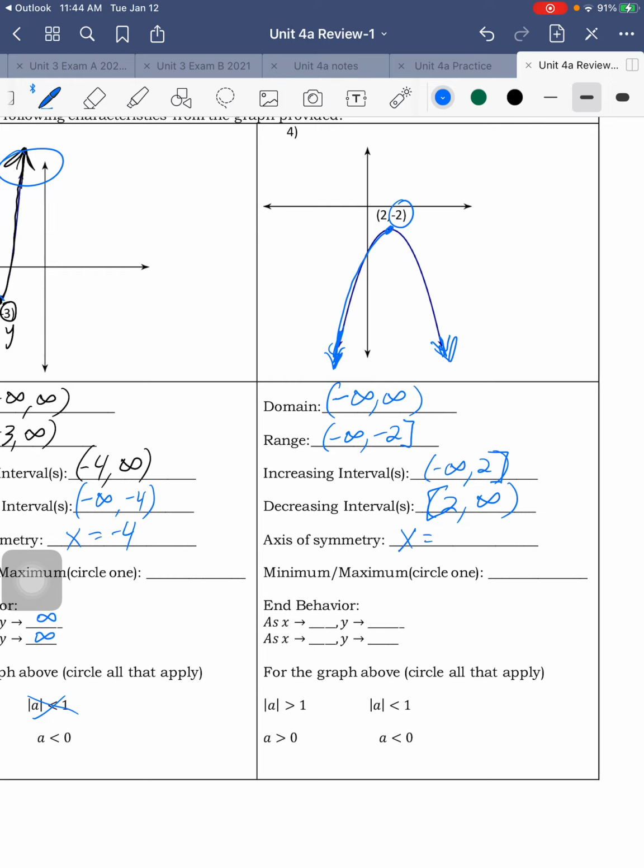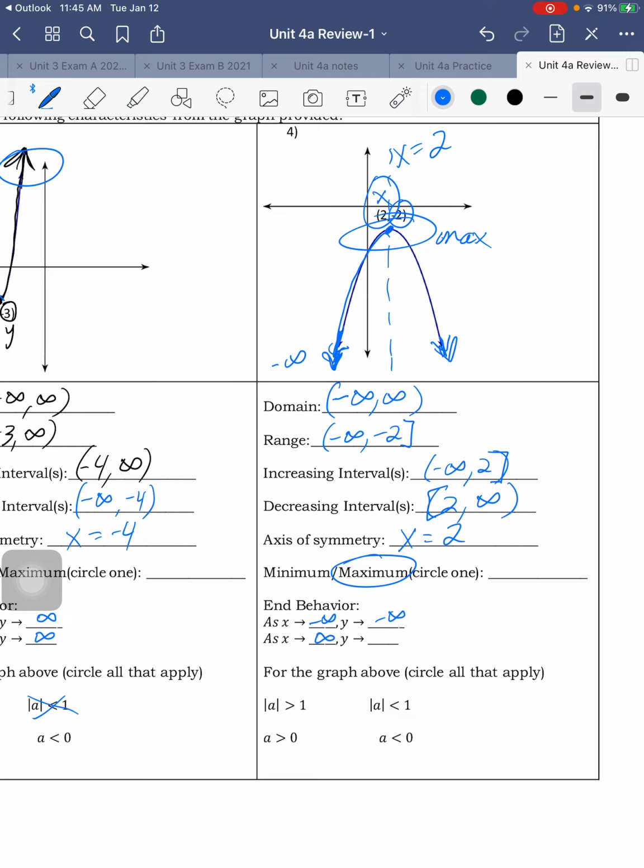Axis of symmetry is x equals the x value of the vertex, or you can just think it's a vertical line. Vertical line means x equals, and it's the x value of the vertex. Is that a minimum or maximum? That's a max point. End behavior, the left side goes to negative infinity, and it's going down to negative infinity.